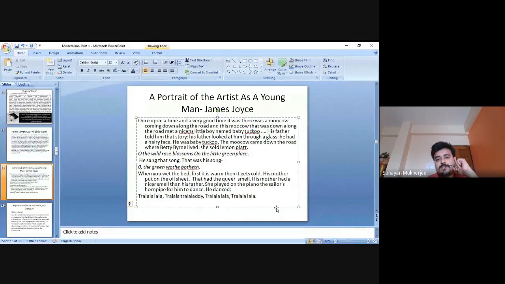Okay, this is the story, the portrait of the artist, the young James Joyce when he was a young boy. How would his father and mother behave and react?